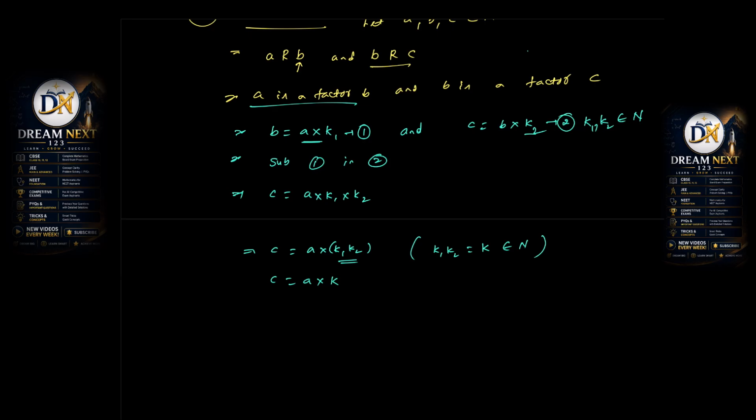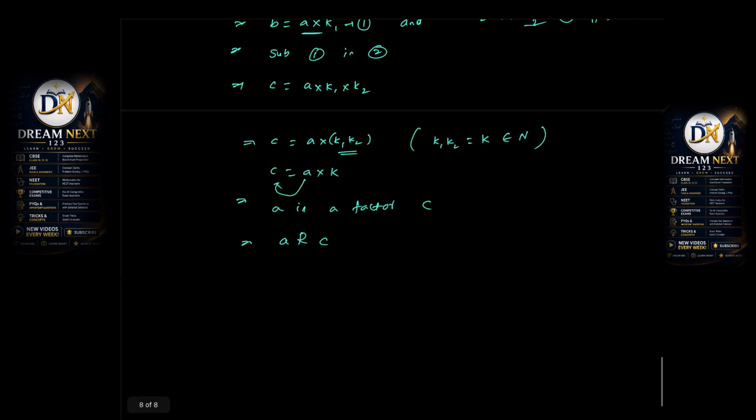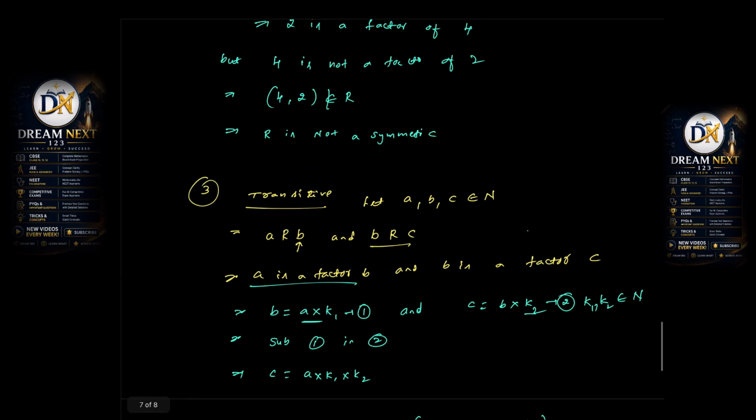If you write C is equal to A into K, that is nothing but A is a factor of C. If A is a factor of C, that is nothing but A is related to C. That is, A comma C belongs to the relation. That is what we proved, right?